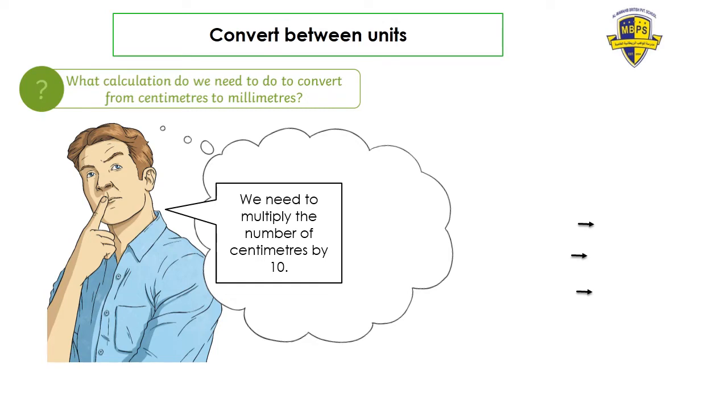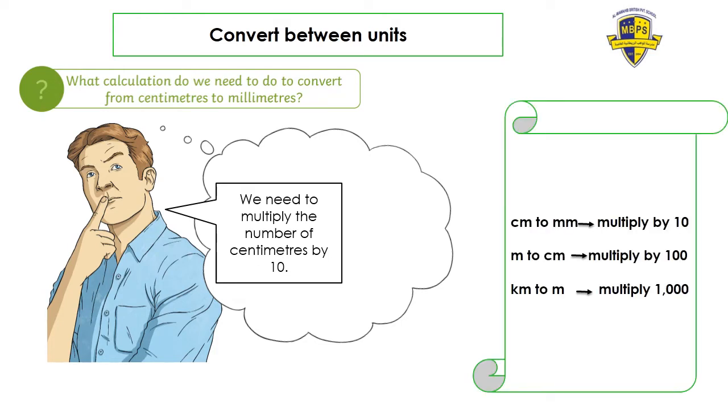So in 1 centimeter we have 10 times of millimeters. So multiply by 10. Let's see. To convert from centimeter to millimeter, we multiply by 10. To convert from meter to centimeter, we multiply by 100. To convert from kilometer to meter, we multiply by 1000.